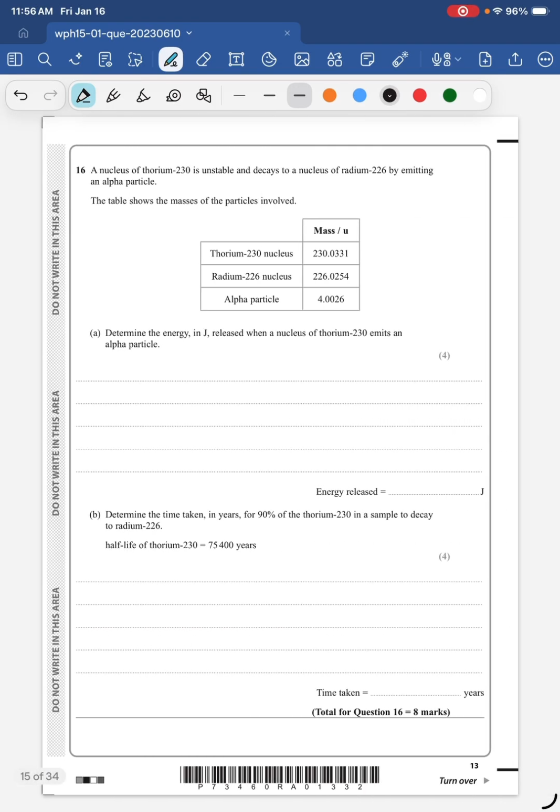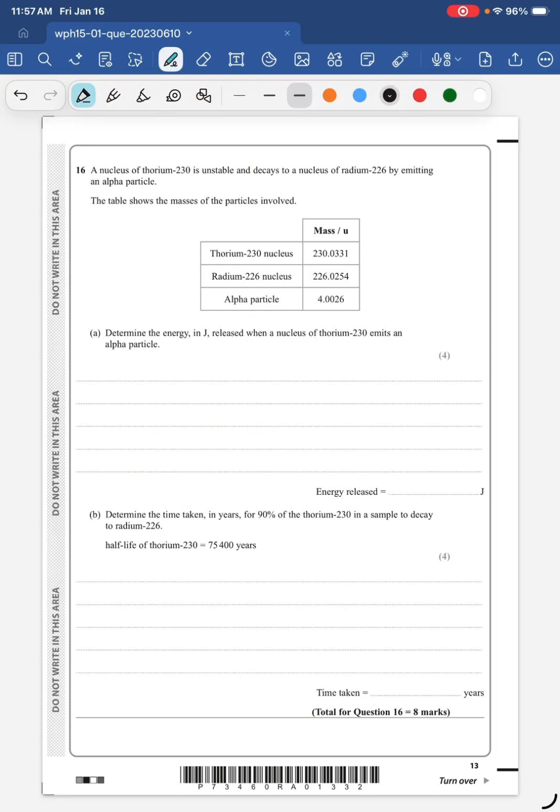All right. Question 16. A nucleus of thorium-230 is unstable, decays to a nucleus of radium-226 by emitting an alpha particle. The table shows the masses of the particles involved. Determine the energy in joules released when a nucleus of thorium-230 emits an alpha particle.